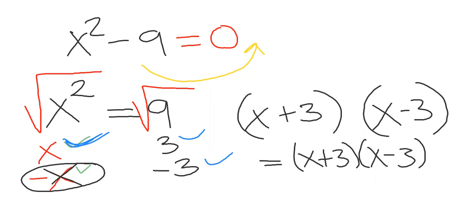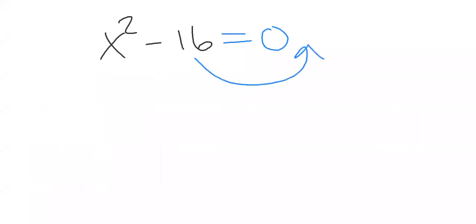So let's take another example. x squared minus 60. The first thing that happens, insert a 0 here, then take the negative number to that side, so that it can become positive.